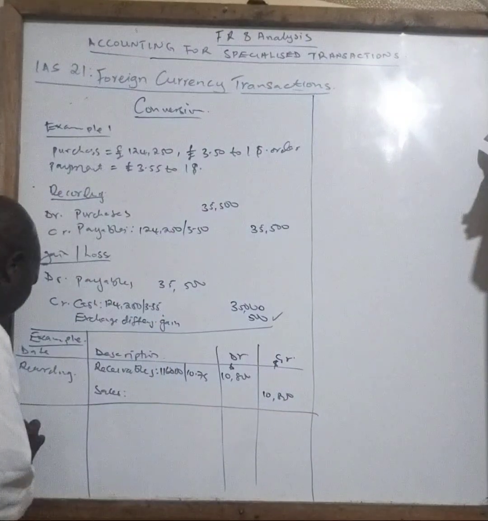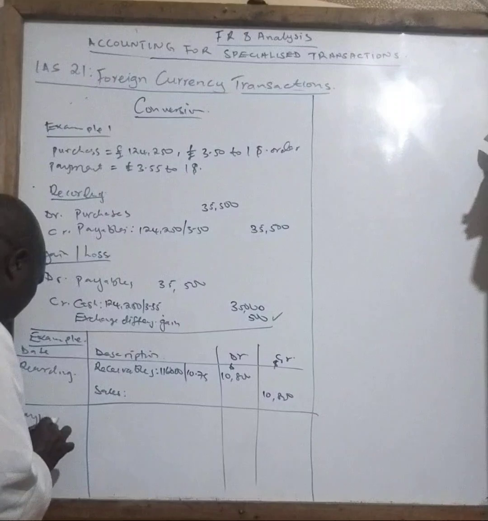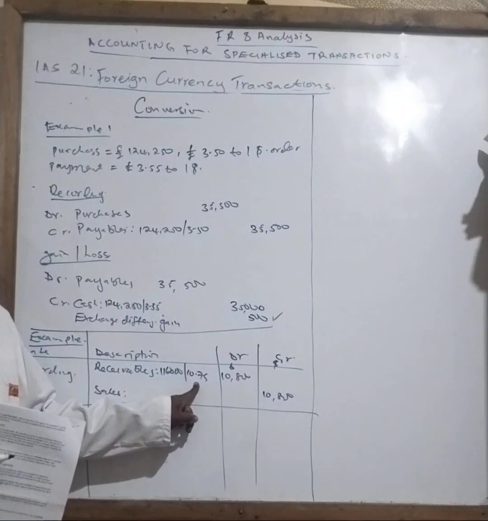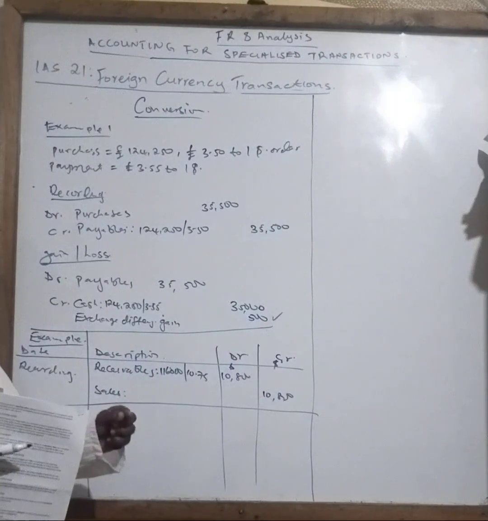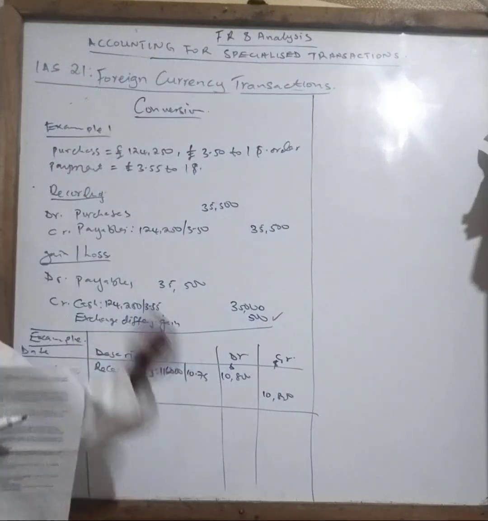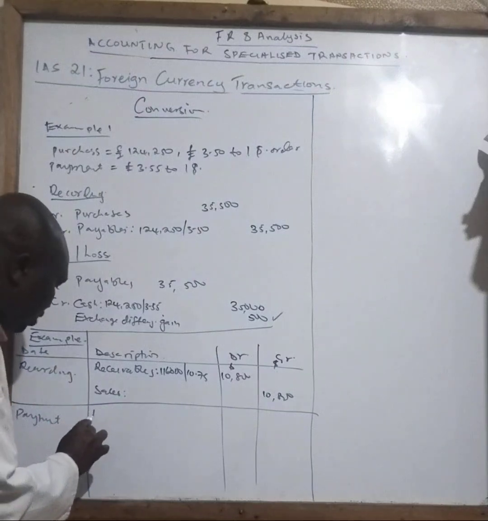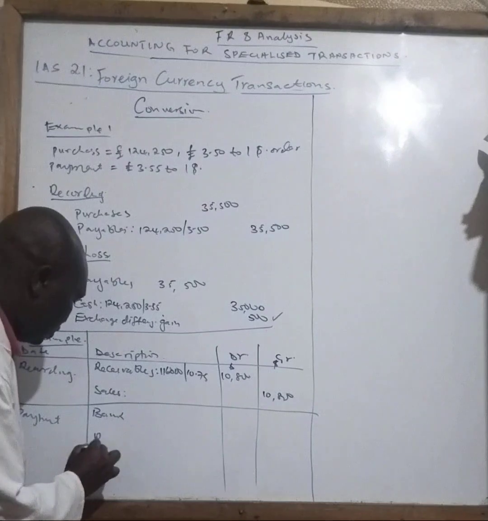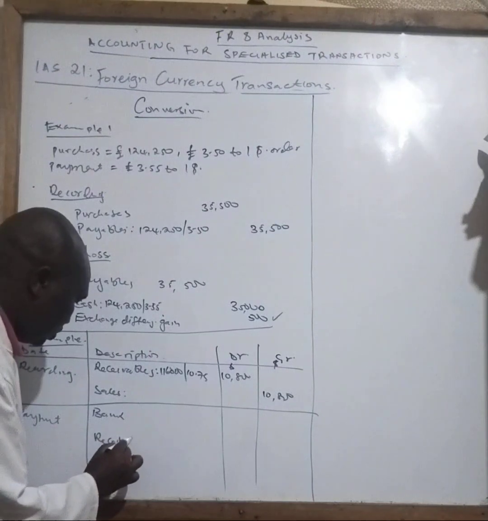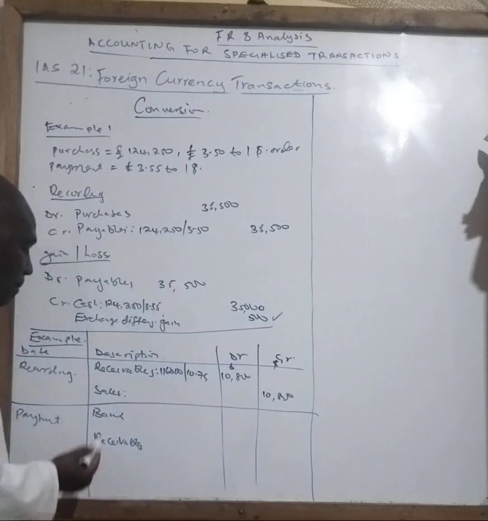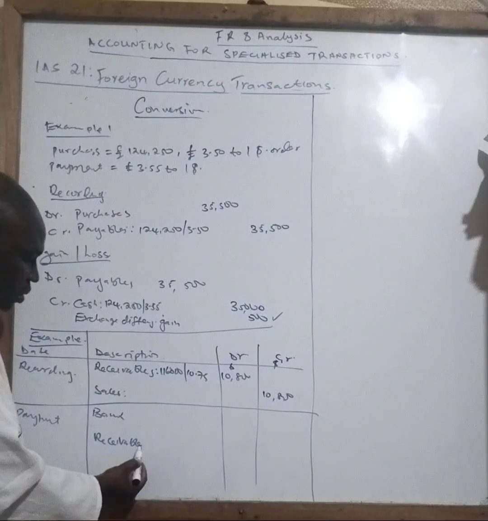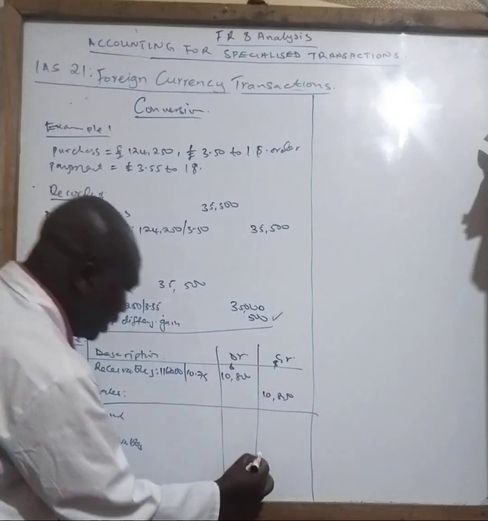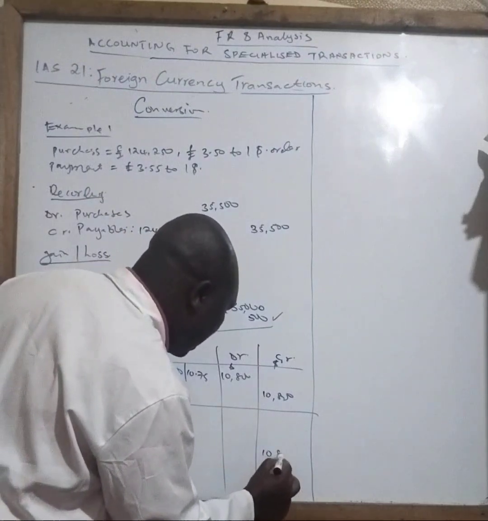Now let's see the payment. When we are making the payment, the exchange rate has changed. In this case it is the other company paying us, so we are debiting our bank. You debit your bank. Then what are you crediting? Receivables. The amount to be paid is 10,800.